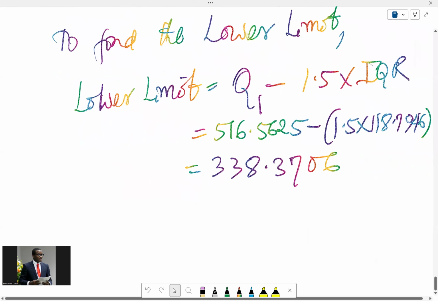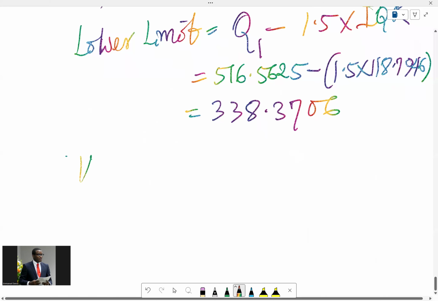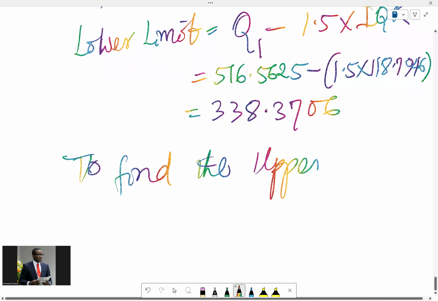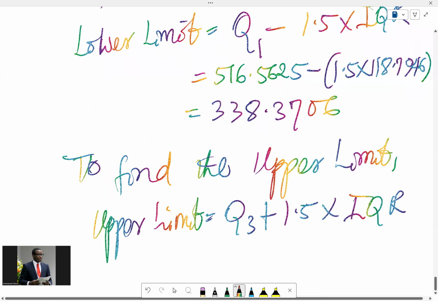Okay. Then we go for the upper limit. So we know the upper limit itself is the third quartile, Q3, plus 1.5 times IQR, right?